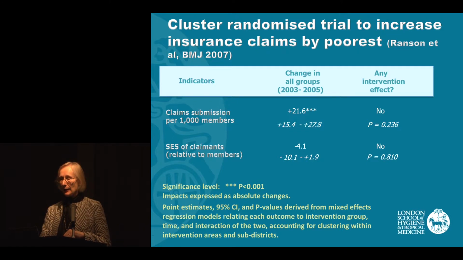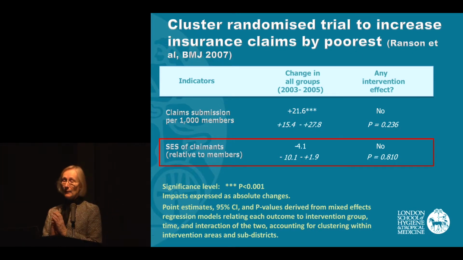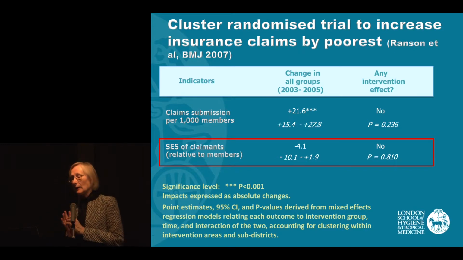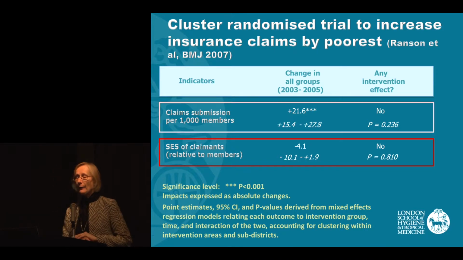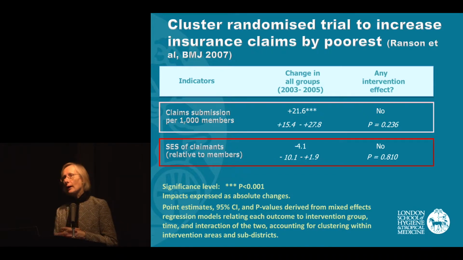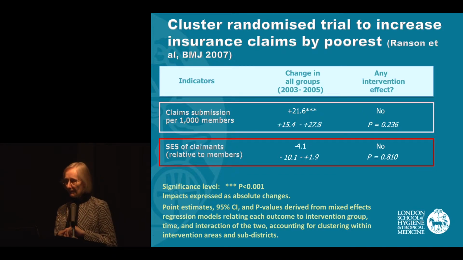The outcome of this trial, the main analysis, looking at the socioeconomic status of claimants relative to members, we didn't find any intervention effect. There was, however, a significant increase in claims submission, but everyone within the trial increased their claims, and that wasn't preferentially in favor of the poorer women.